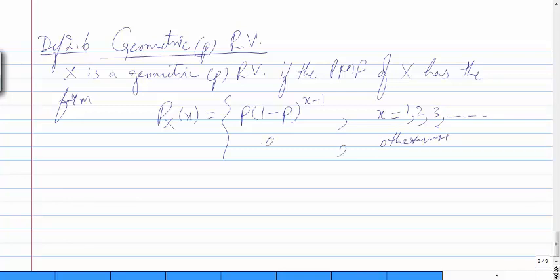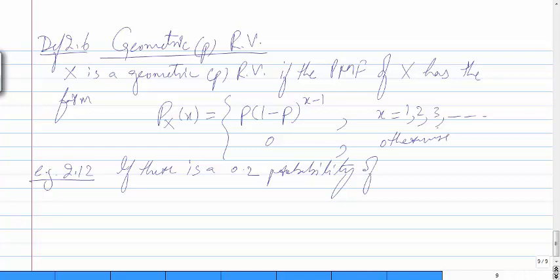Otherwise, 0. So for example, if you have a geometric series and there is a 0.2 probability of reject, example 2.12.